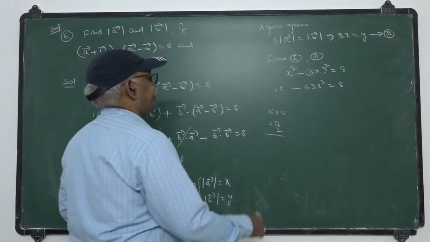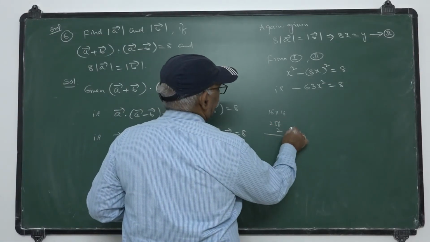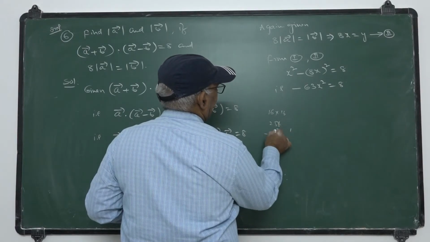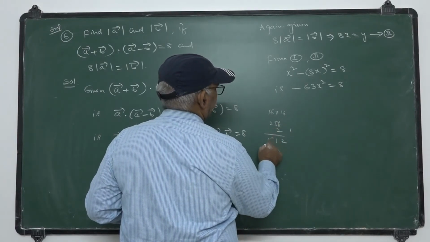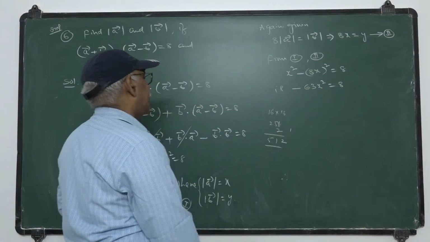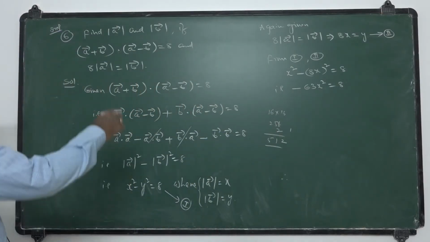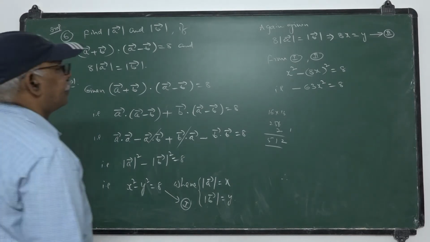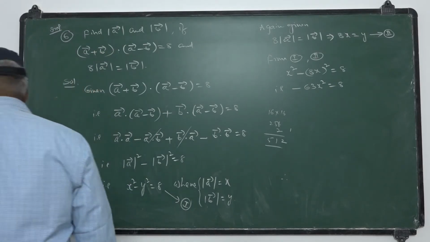Okay. 512. Once it is 512, we get the required answer. Otherwise, we do not get the required answer here. That is wrong.